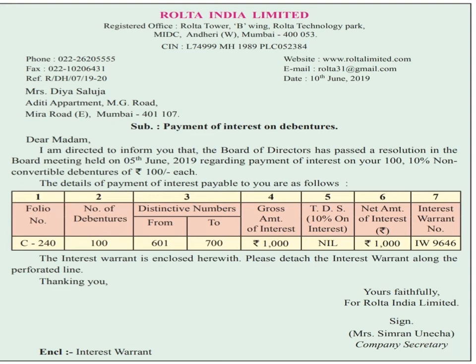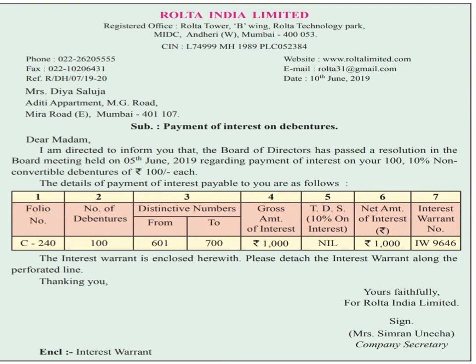The details of payment of interest payable to you are as follows. You can see the details of payment of interest in this box. The very first box mentions the folio number, which is C240. The second box contains the number of debentures that the debenture holder is holding in the company.